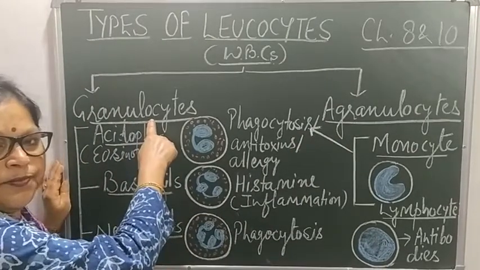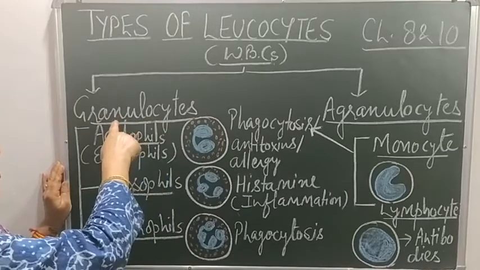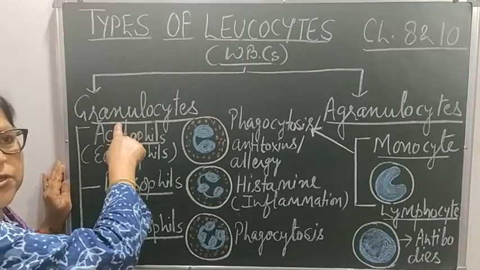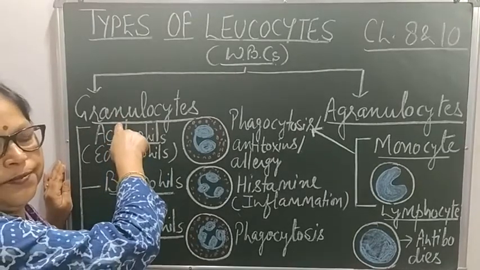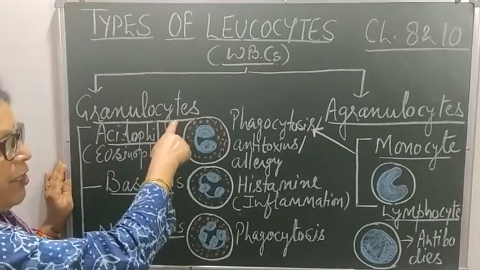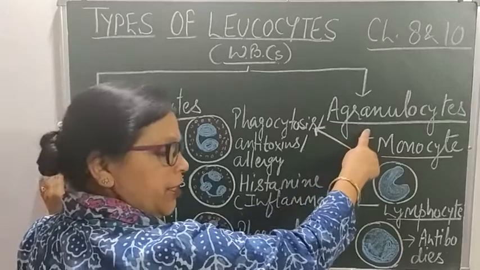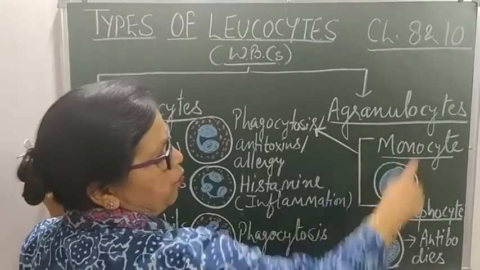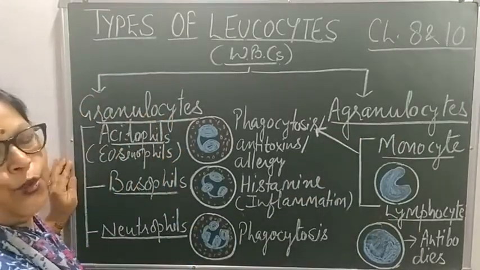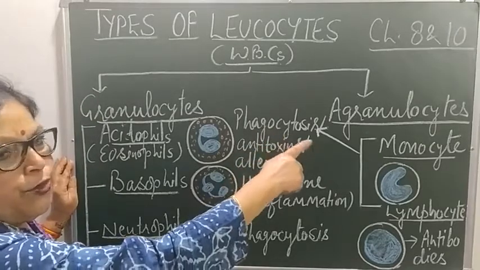Granulocytes: if the cytoplasm is along with granules, then these are known as granulocytes. If the cytoplasm is without any granule, then these types of WBCs or leukocytes are called agranulocytes.